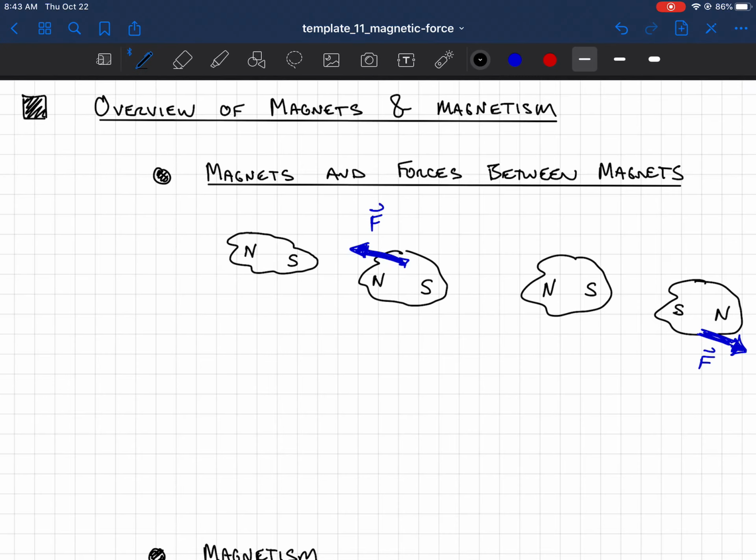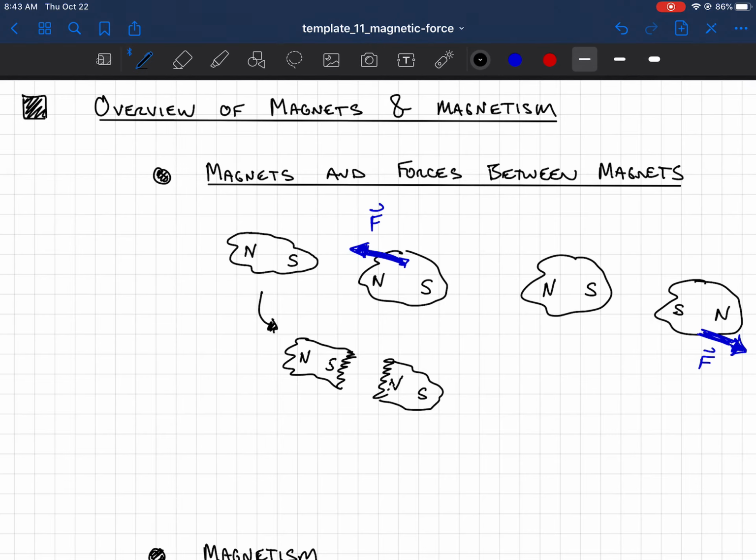And even if you take one of these rocks and you break it apart, so let's take this little rock and we'll break it apart so its north pole is over here and its south pole is over here. It turns out that you'll find a south pole and a north pole right where they were broken.